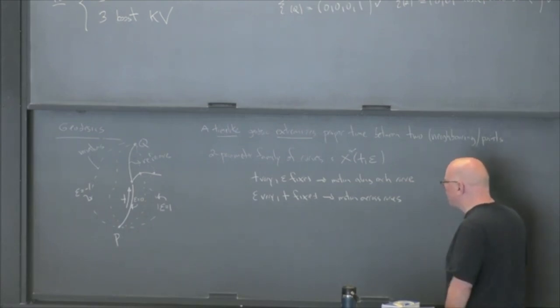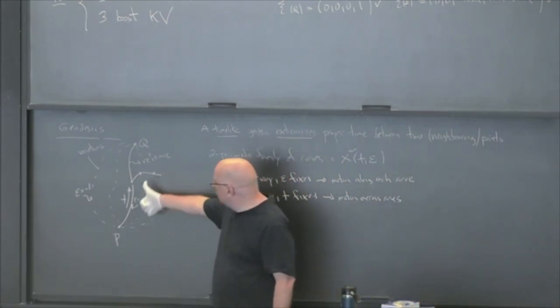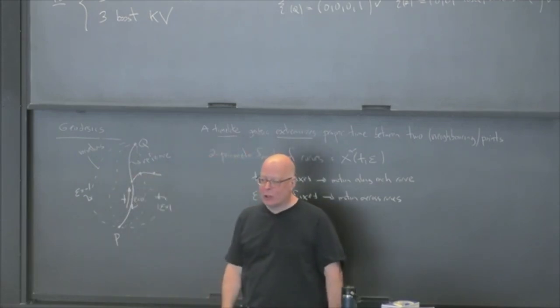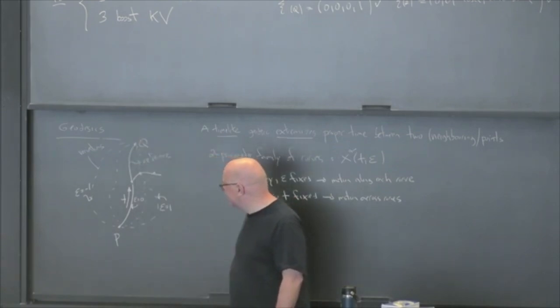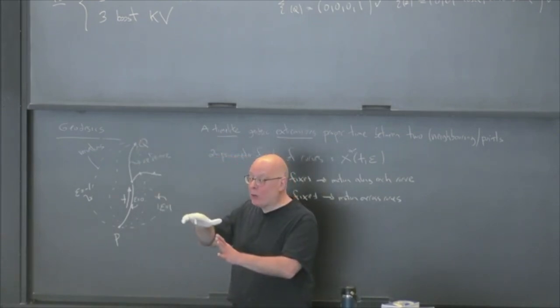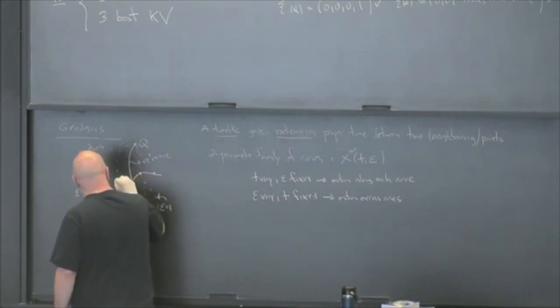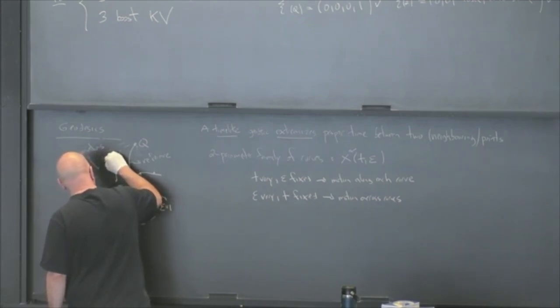Okay, so I have two types of motions, one along each curve, and motions across curves. And because we have this family of crisscrossing curves, we also have the tangent vectors associated with them. A vector that takes me up along the curve, that's tangent to the curve, I'll call t.